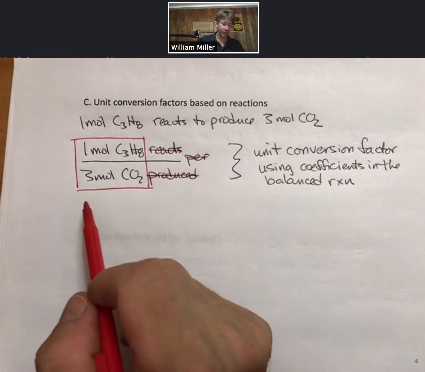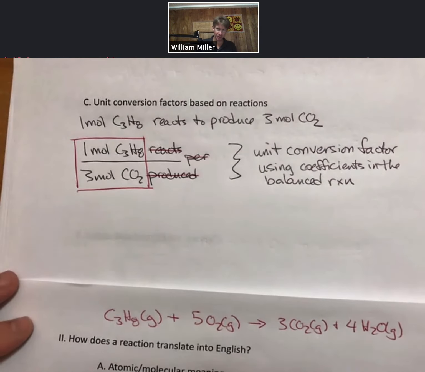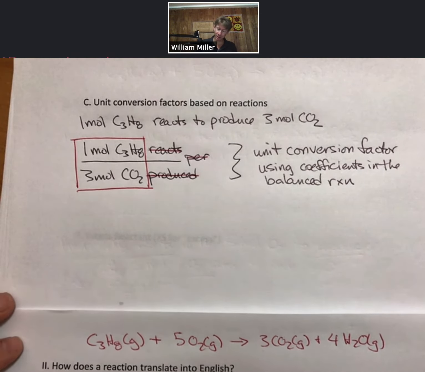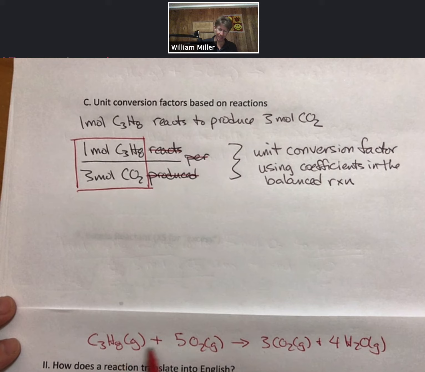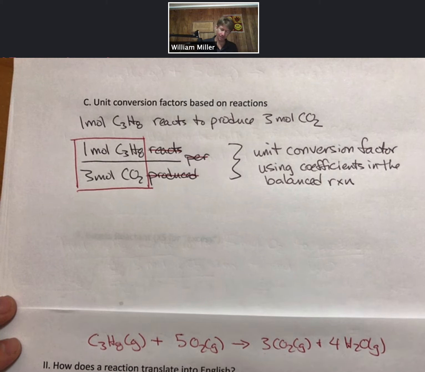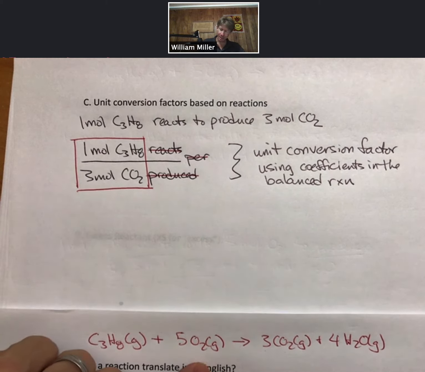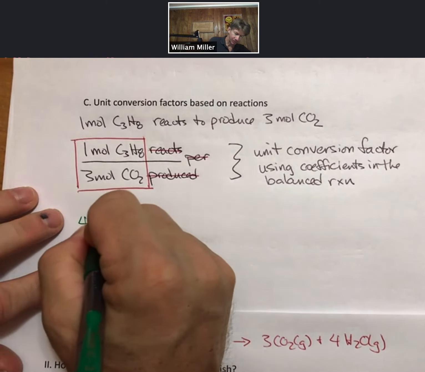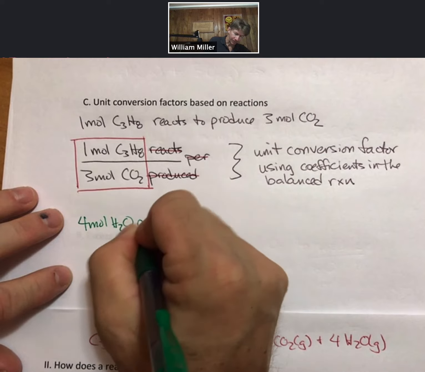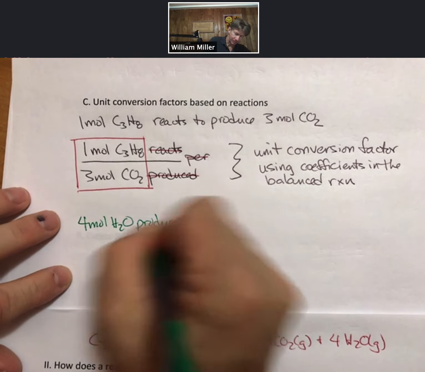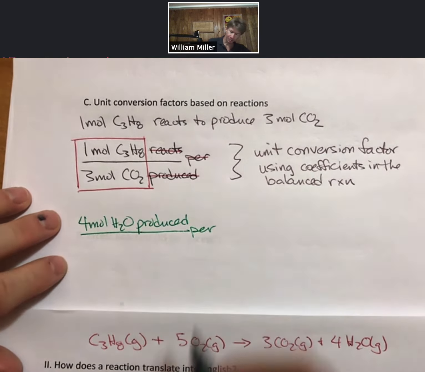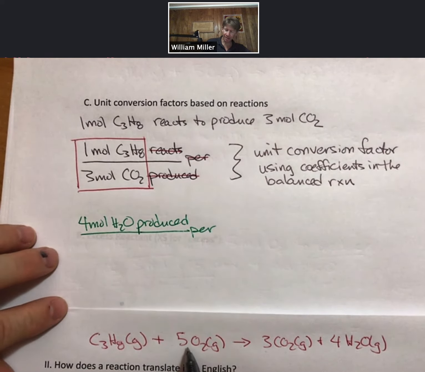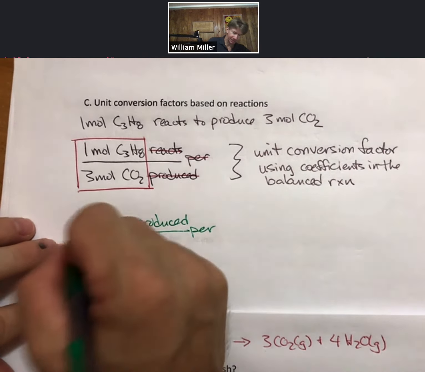So with the balanced reaction shown here, we can write other unit conversion factors. In fact, you can write any combination that you want. For example, 4 moles H2O produced per 5 moles O2 reacted.